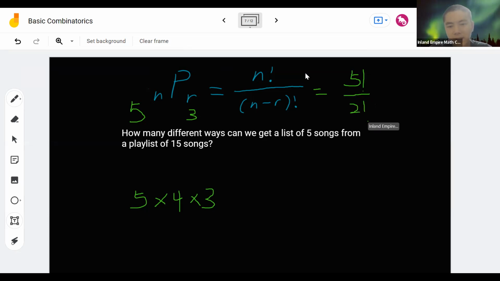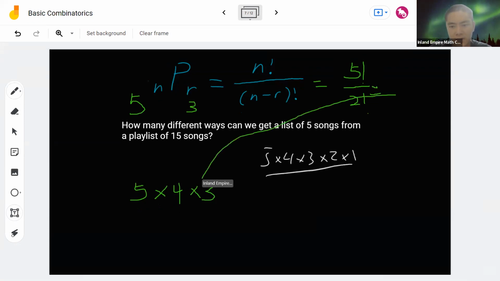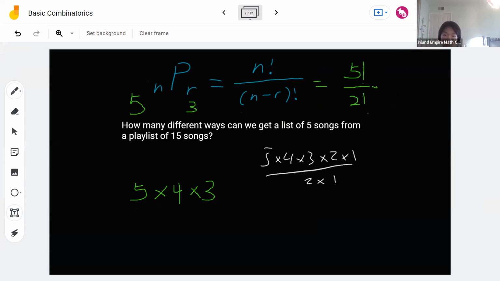Remember, 5 factorial is 5 times 4 times 3 times 2 times 1, and 2 factorial is 2 times 1. So when you cancel it out, it's just 5 times 4 times 3. This is pretty much what we just wrote.